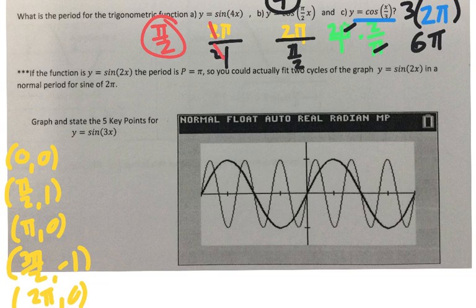Okay, I told you. All right, so now, what did we do? We divided all the x values by 3. So let's do it. Divide every x value by 3. 0 divided by 3 is still 0. Pi over 2 divided by 3 is pi over 6.